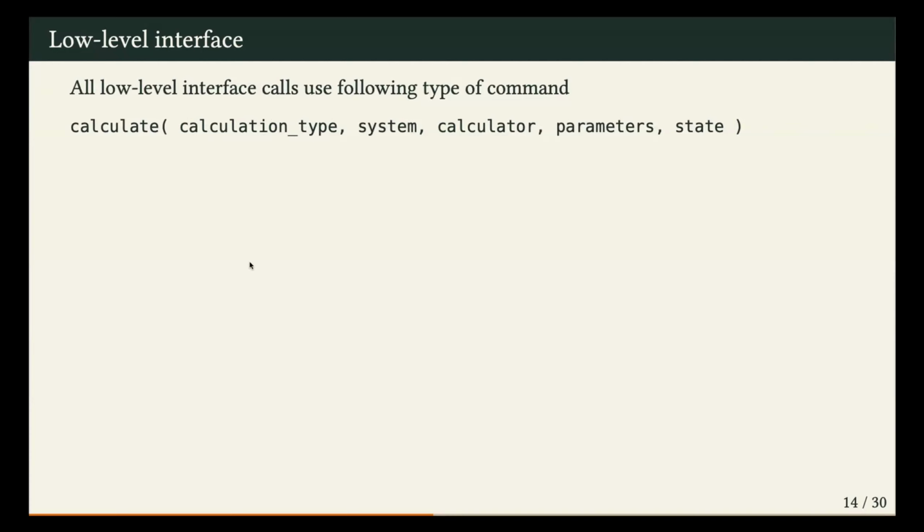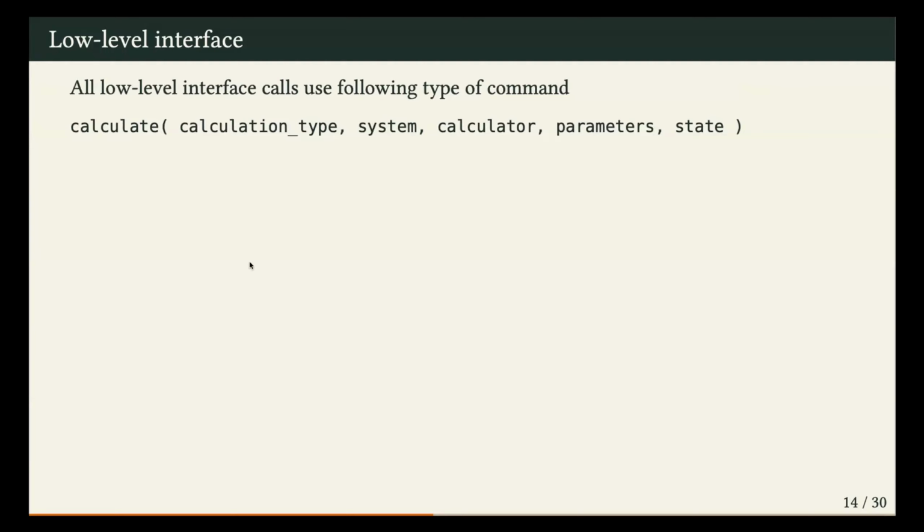The high-level interface is the one that people have used with ASE and similar tools. The low-level one actually uses multiple dispatch, so you cannot implement this one in Python. But it allows us to do so many things, and this is just the first step.